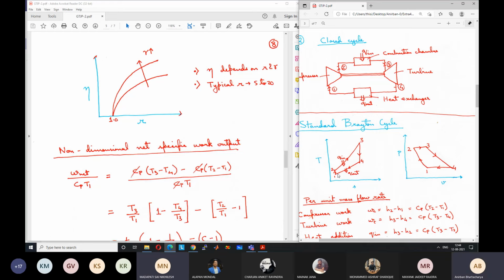Yes, correct. So for water, specific volume is very small, and because the work input depends on the integral of VdP, for the same change in pressure, you will have much lower work input required. So pumps need much less work as compared to compressors. Compressors need a very high amount of work.